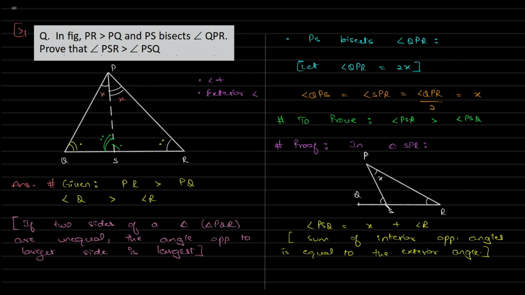So x plus R should be equal to this. And since we are trying to relate this particular angle with the other angle, it's better to express R in terms of PSQ and x. That is angle PSQ minus x is equal to angle R, right? So we can substitute it over here and we'll get the answer, is it not?